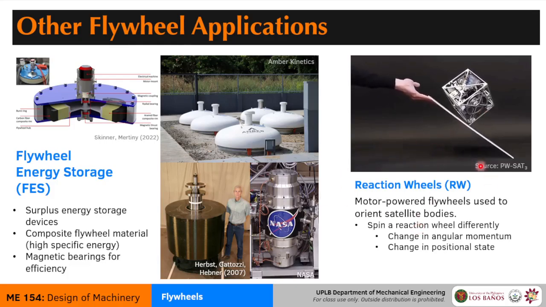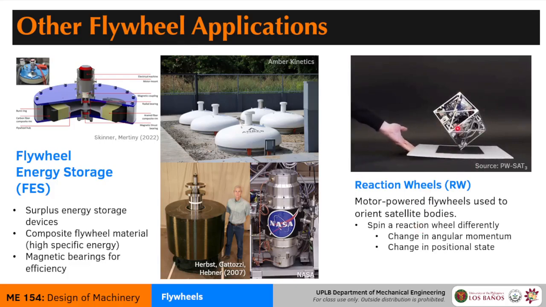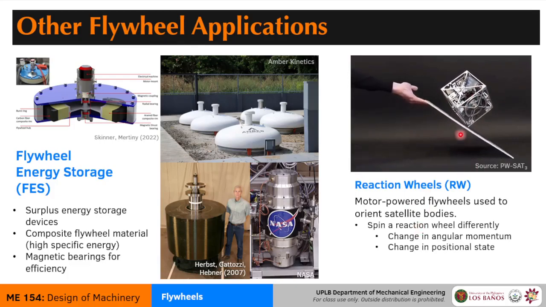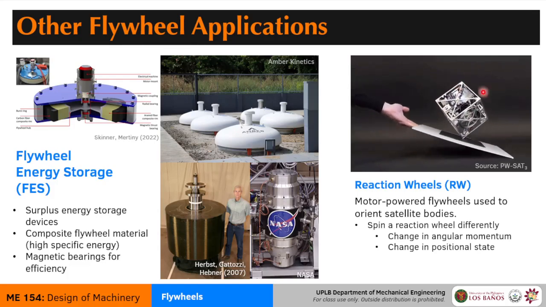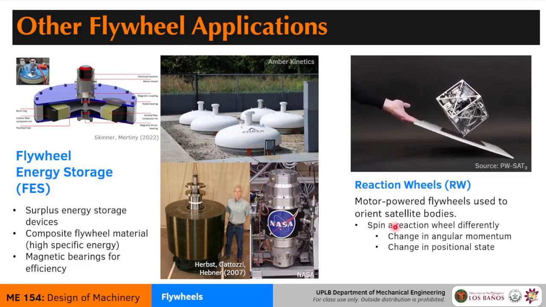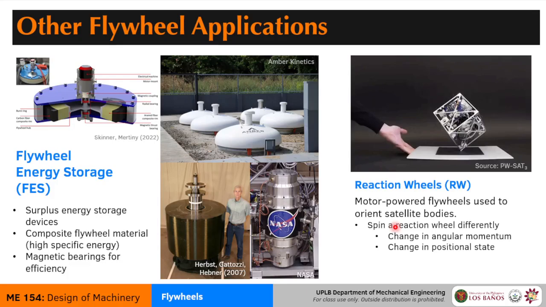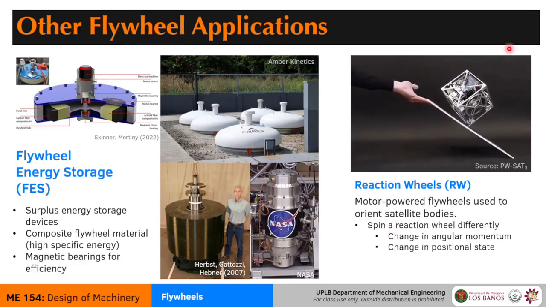The reaction wheels typically come in sets. For example, this reaction wheel should have a partner, or these two other flywheels here, one for each axis. They'll be the ones to manage the angular momentum of the satellite on those respective axes.